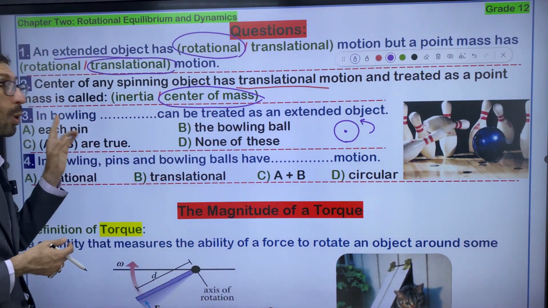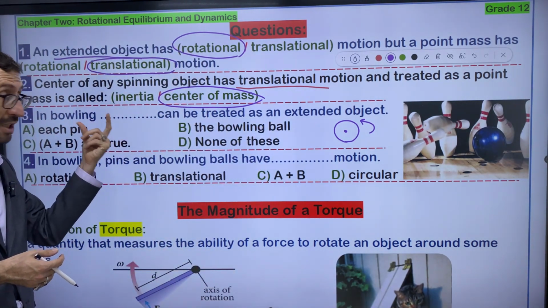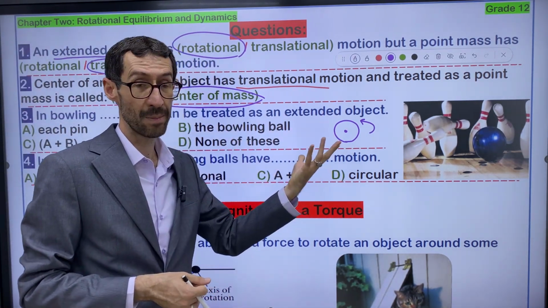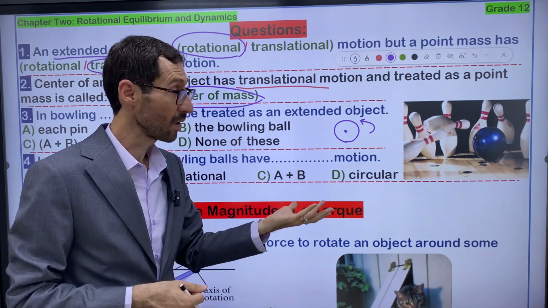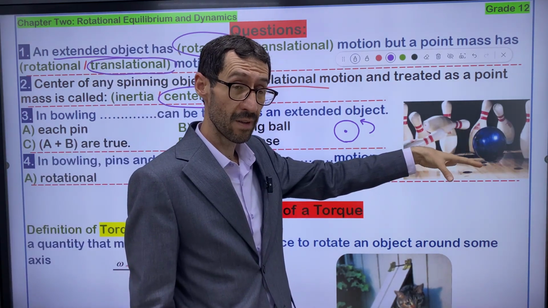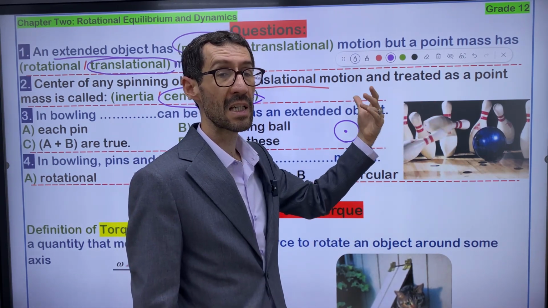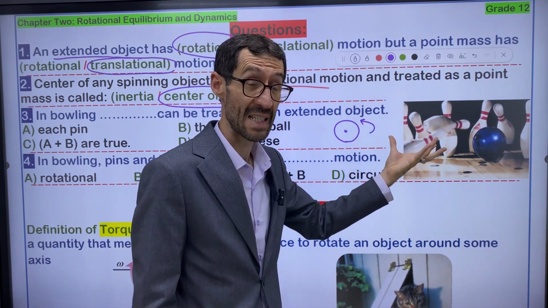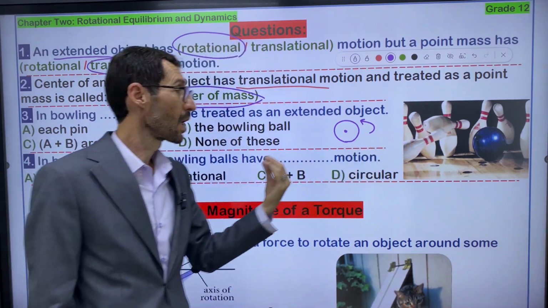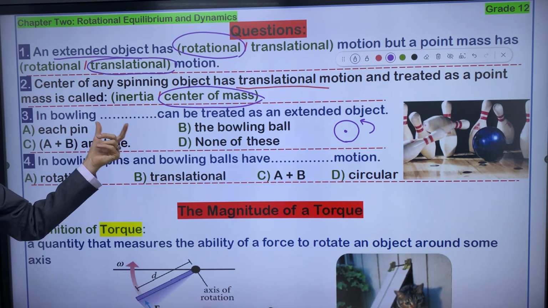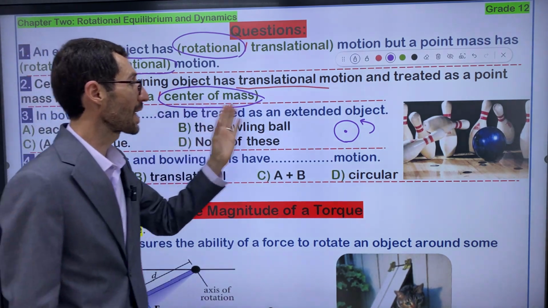So it says in bowling, blank can be treated as an extended object. So which one can be treated as an extended object? The bowling ball itself, or the pins?